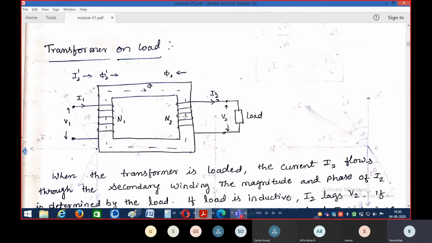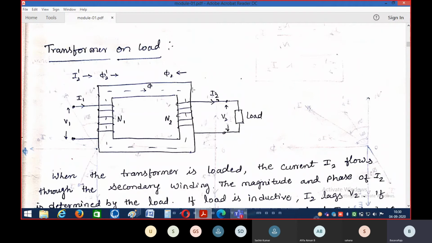So whichever winding has more turns will have the higher voltage, or more induced voltage. We come back to the topic, transformer on load, which induces an EMF both in the primary and the secondary windings.